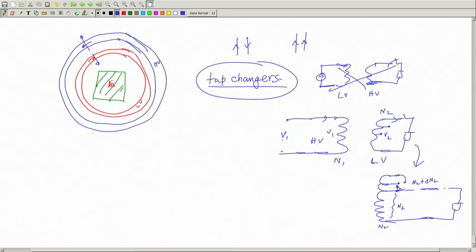But now the question is, listen to me, should I put the tap changer on the LV side or HV side? See, the condition is that I will be operating this tap changer under load condition.